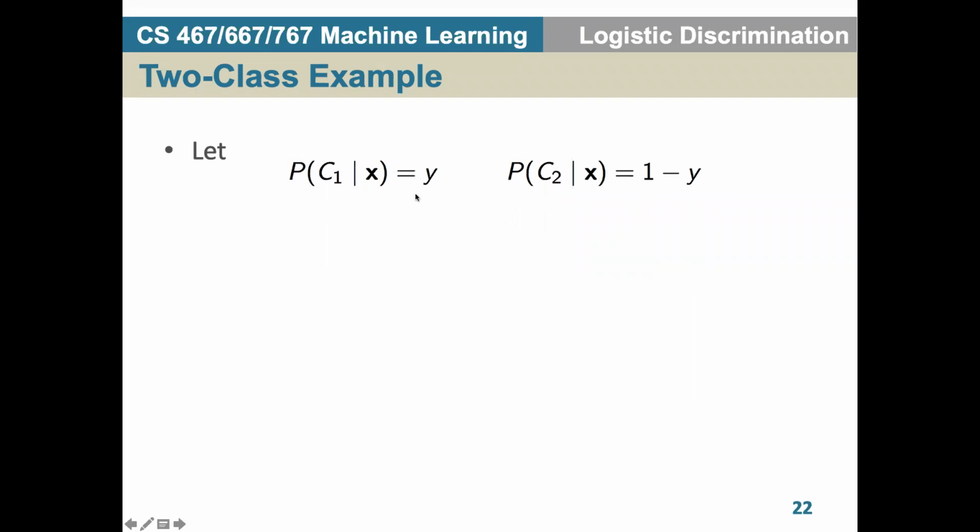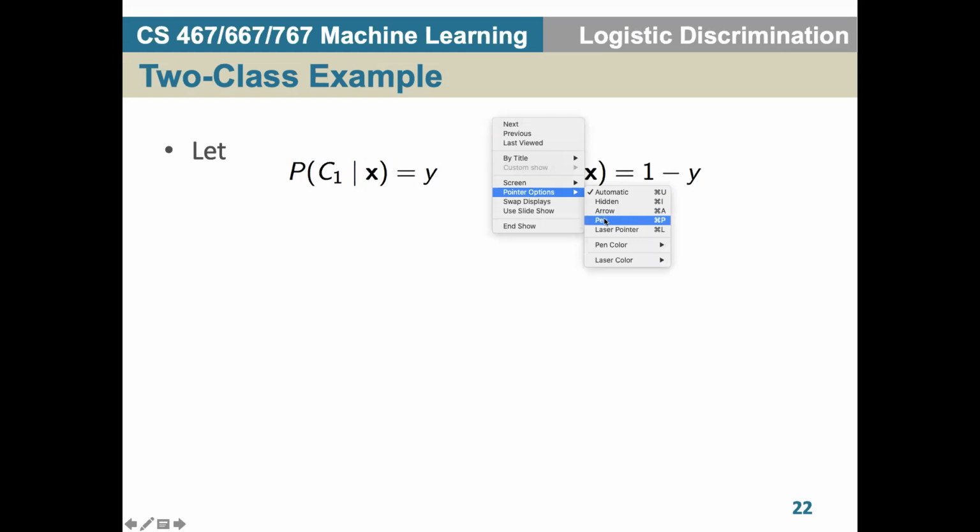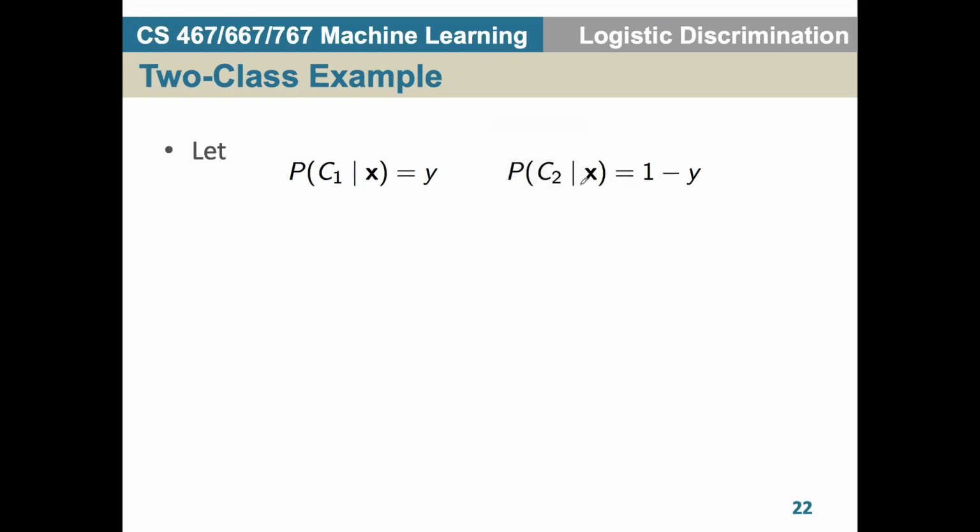But it's still different. The difference is that it's conditional on X. If you look at the table, you have X1, X2, and so on, some features, and this is the class, whether you belong to class 1 or class 2. So which class you belong to depends on your features.